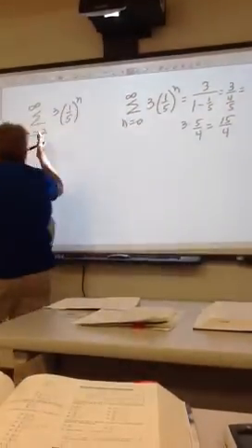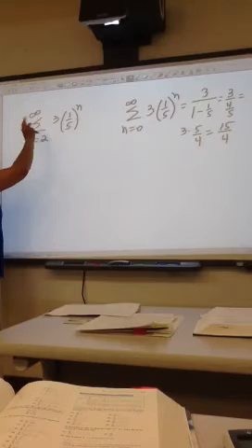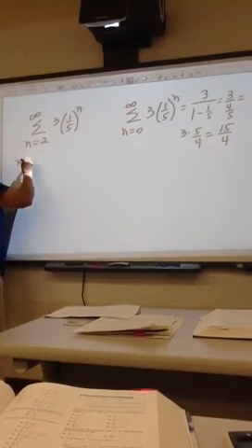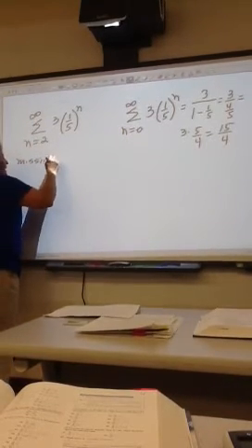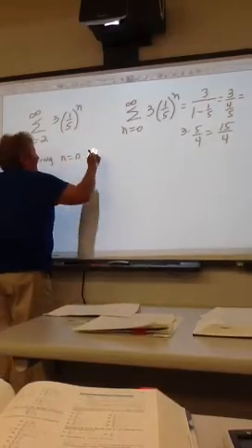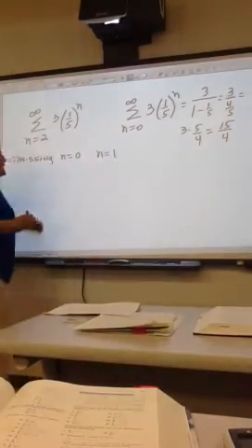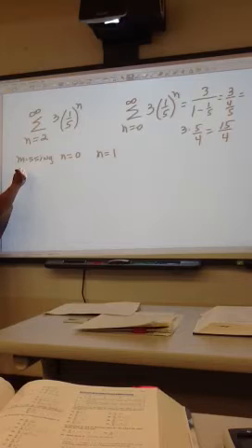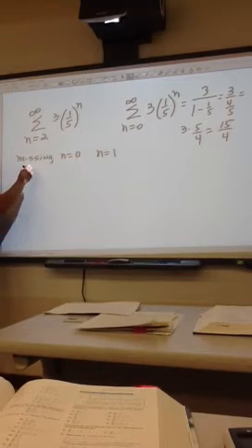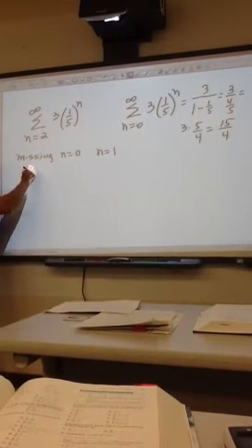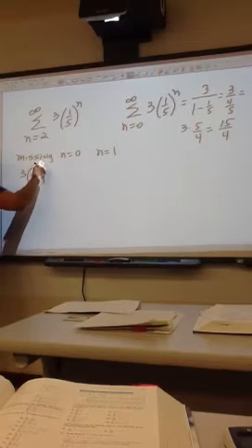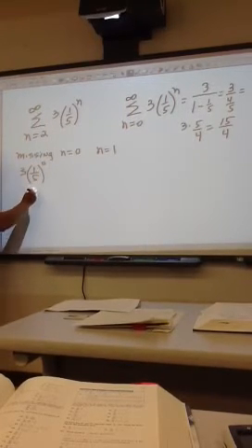What I say to myself is, okay, this one is missing n equals 0 and n equals 1. So when n equals 0, I'd have 3 times 1/5 to the 0, but that's just a 3.